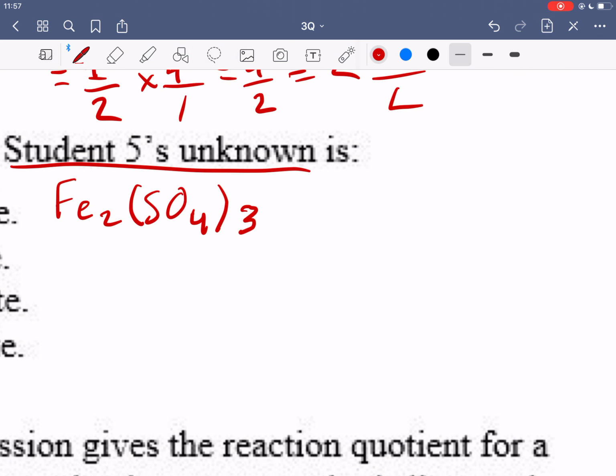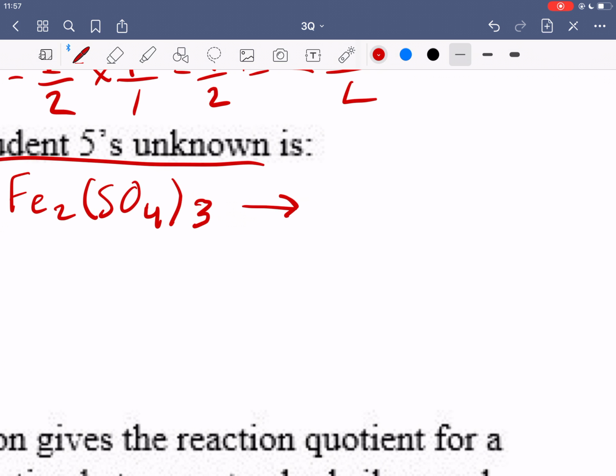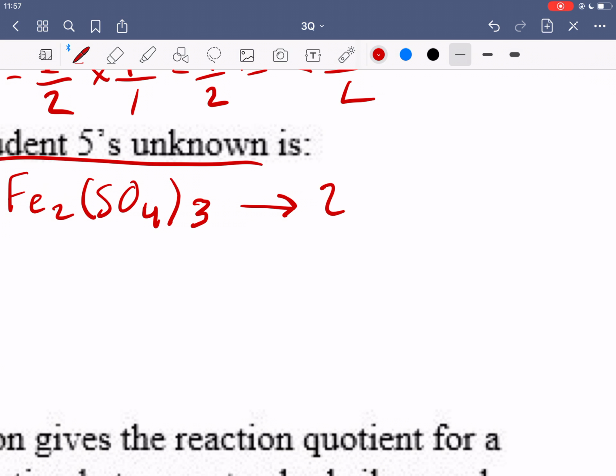So when you do that, you know that this will split up into, like if I was to split this up, it splits up into 2 Fe, and then it's going to be 3 SO4, and I know that this one has a 2- charge. So if it has a 2- charge, then charges have to be balanced on either side. So there's a net 0 charge on the left side.